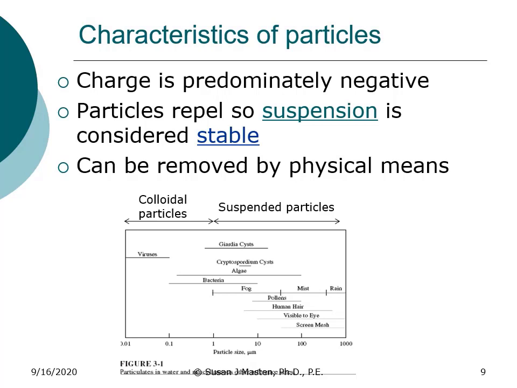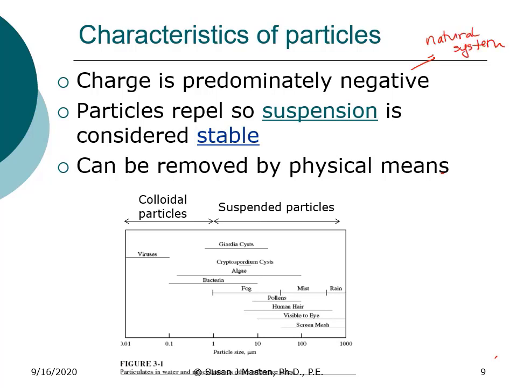So when we're looking at coagulation, a number of things we need to recognize. One is that the charge on most colloidal material in a natural system is negative. I just want to emphasize, this is in a natural system.